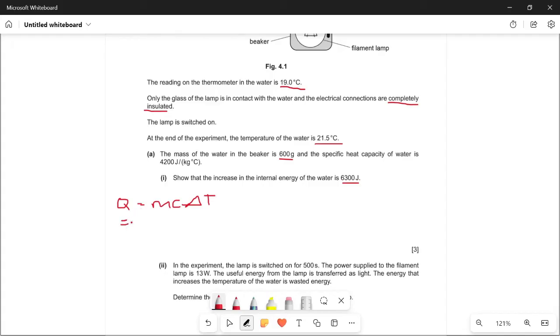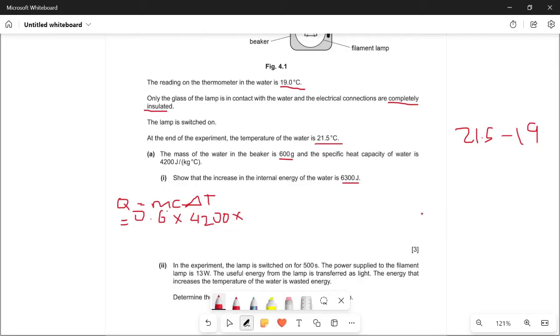So the mass is 600 grams, but we have to convert it into kilograms, so it's going to be 0.6 kilograms times the specific heat capacity, 4,200, times the change in temperature. So the initial temperature was 19 degrees Celsius, the final was 21.5. So we do 21.5 minus 19.